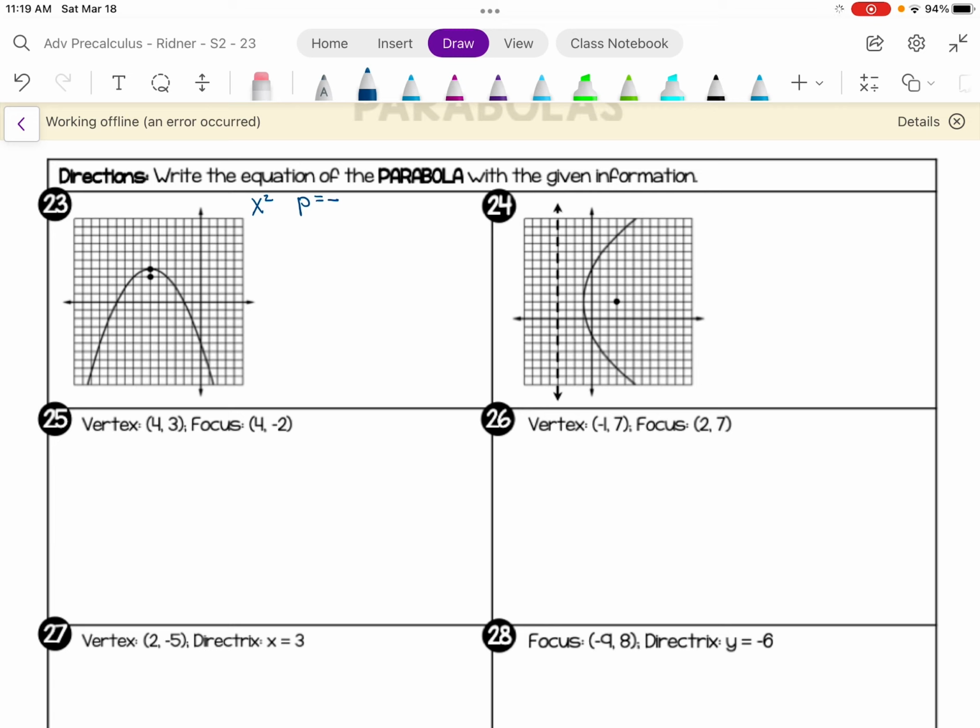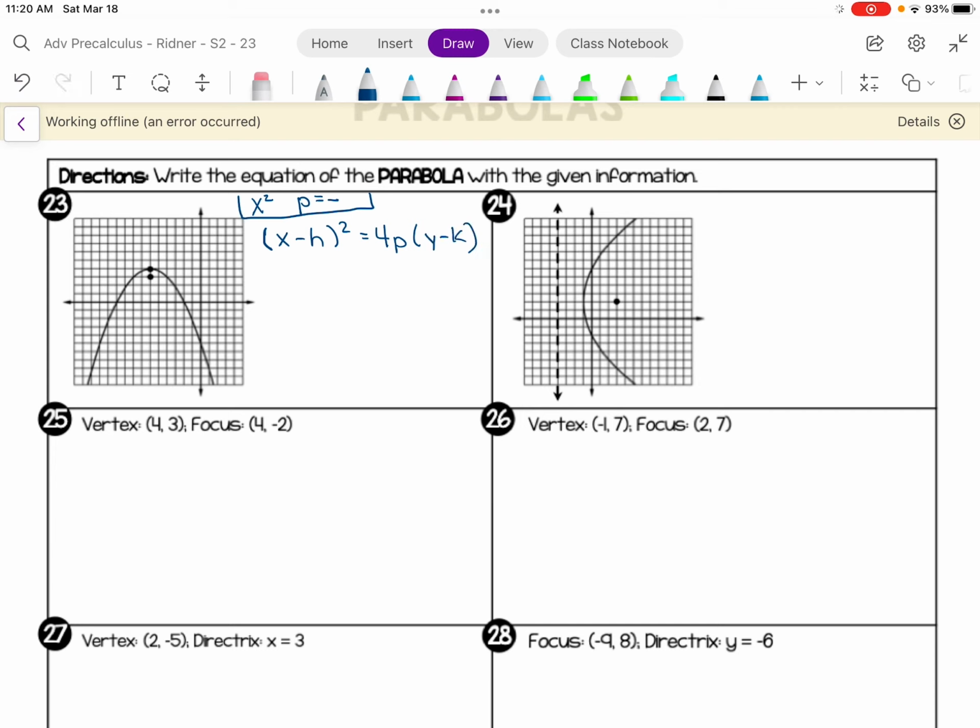So that's just going to help me keep my head on straight as far as which one do I use. If I go back and look at the parabola formula for the one that goes this way, it's this one right here.